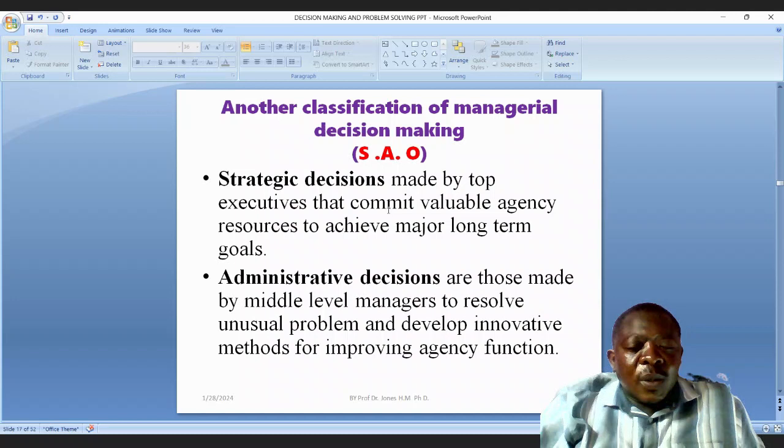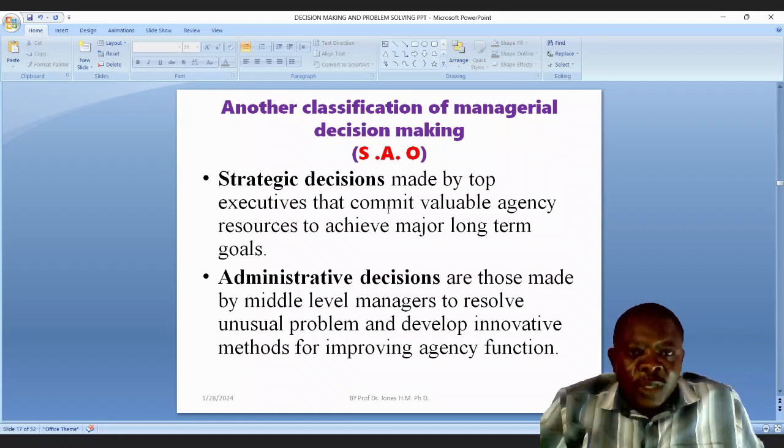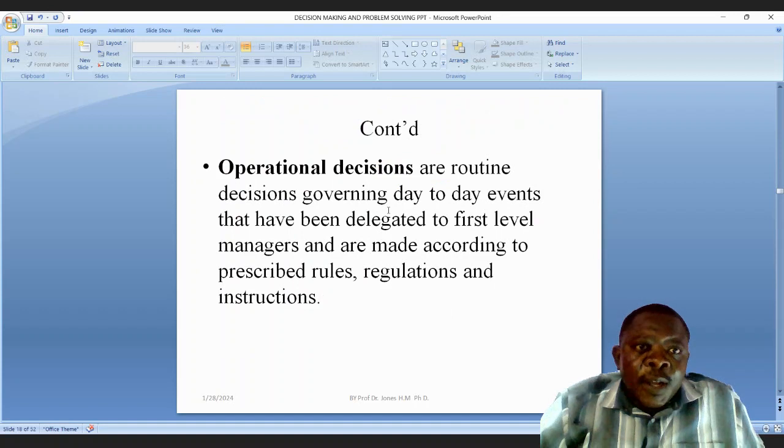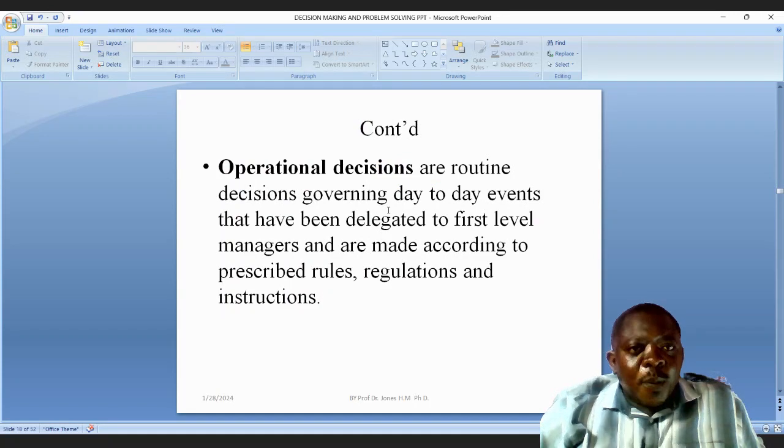So the first one was by top level, which is strategic decisions. Then administrative decisions are made by middle level managers to resolve unusual problems and develop innovative methods for improving agency function. Then at the bottom, we have operational decisions.